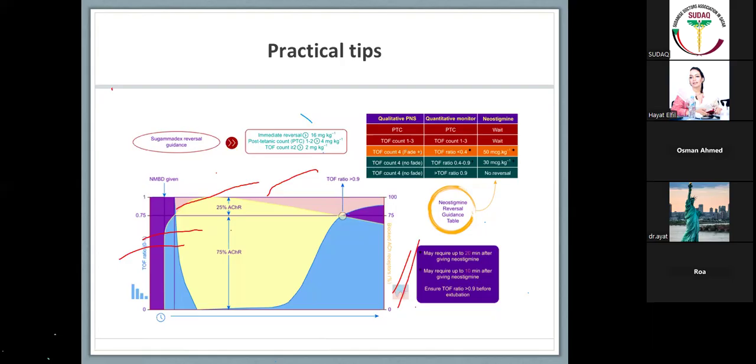Okay, and this will give you an indication for the reversal agents, because you really have to time it with your nerve stimulation, either train of 4 or post-tetanic count, to understand how much block you have, and then that will give you an indication about the dose of either neostigmine or Sugammadex, but more of Sugammadex.